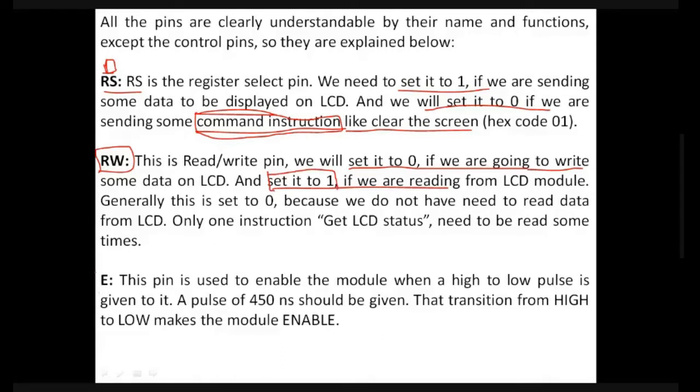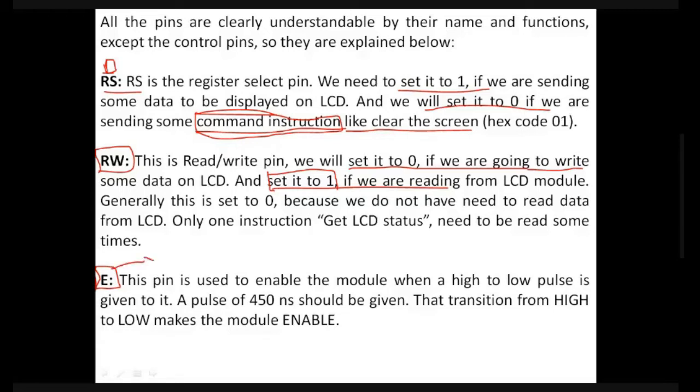Then next is the enable pin. The enable pin is used to enable the LCD, whatever data or command is operated on the LCD. So this enable pin is very important.